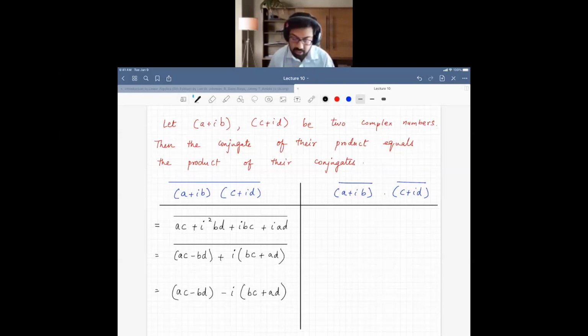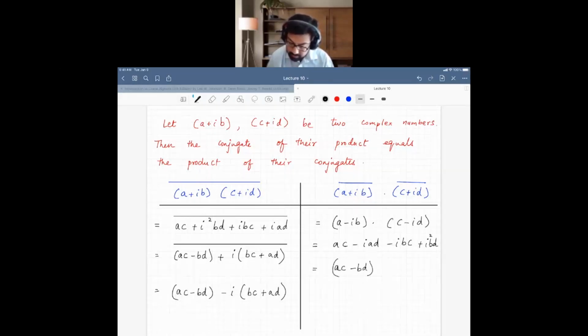Now let's take a look at what happens to the right hand side. I can directly apply the complex conjugate to each of these numbers first. So A plus iB becomes A minus iB multiplied by C minus iD. Let's multiply it out: AC minus iAD minus iBC plus i squared BD, which gives AC minus BD minus i times AD plus BC.